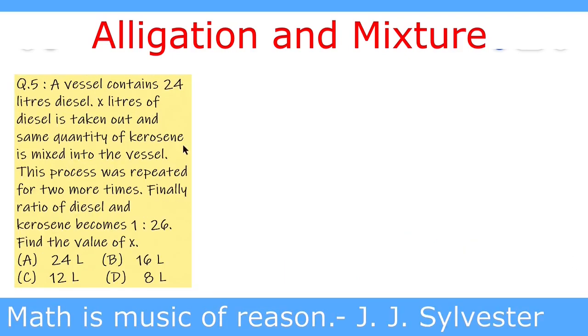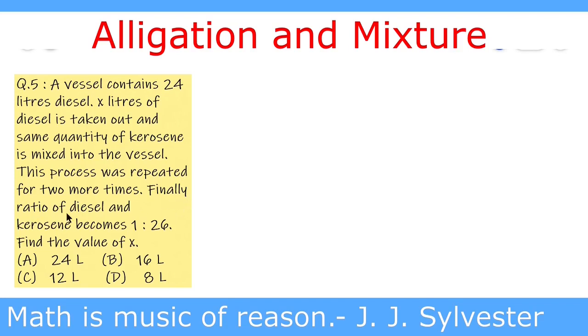We go to the next question. The question is, a vessel contains 24 liters of diesel. X liters of diesel is taken out and the same quantity of kerosene is mixed into the vessel. This process was repeated 2 more times.